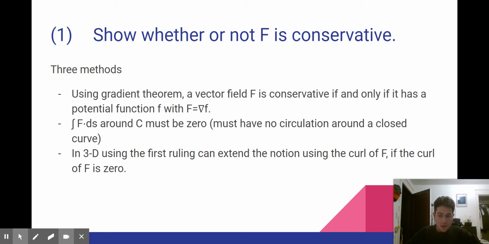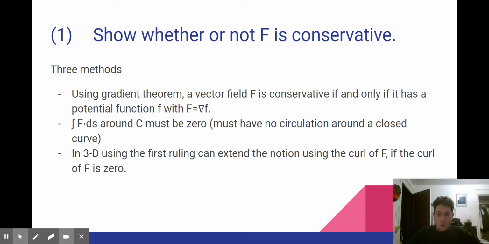The second method is that the integral of our vector field around a closed curve C must be 0. So there must be no circulation around a closed curve. If there's no circulation, then F is conservative.